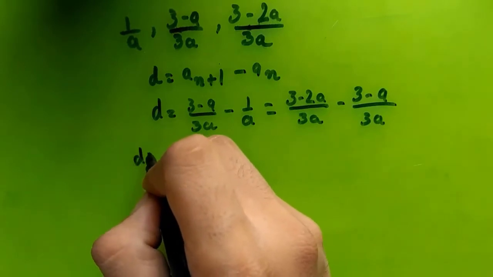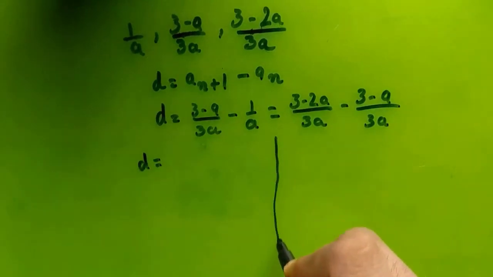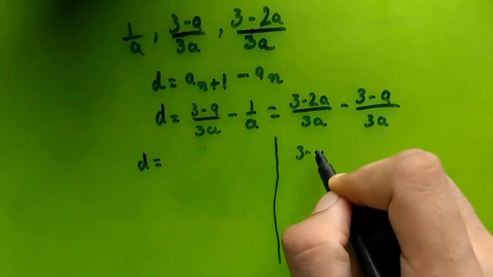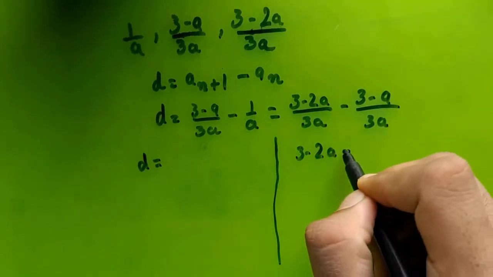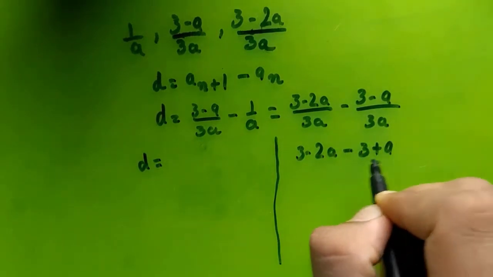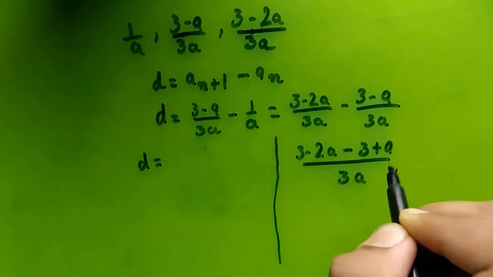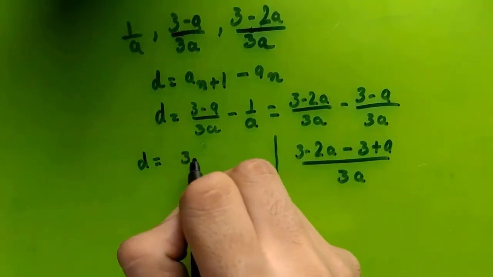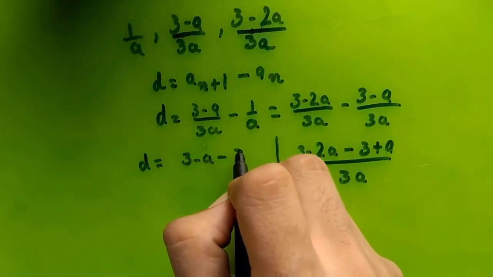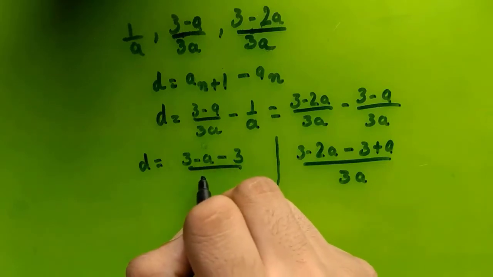Therefore d will be equal to (3 minus 2a minus 3 plus a)/3a.